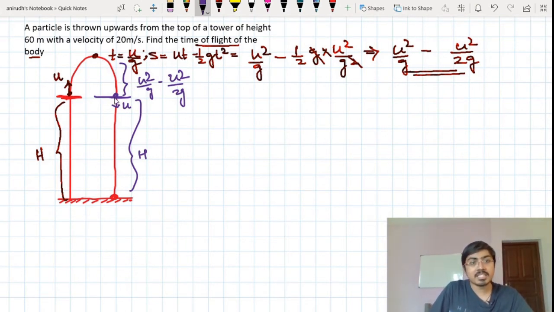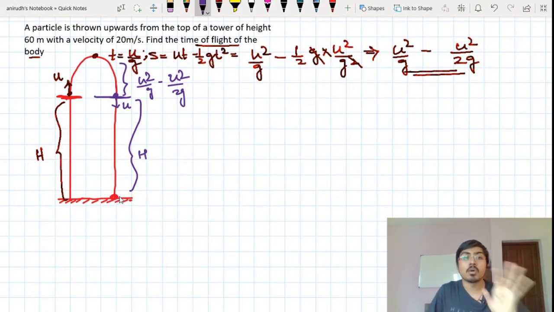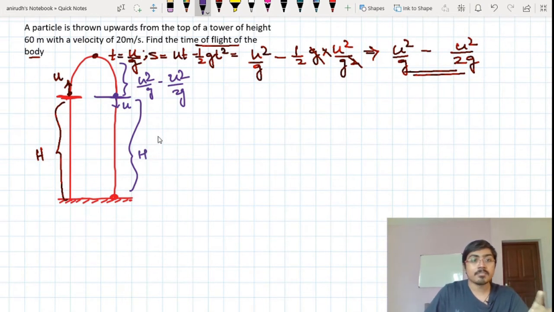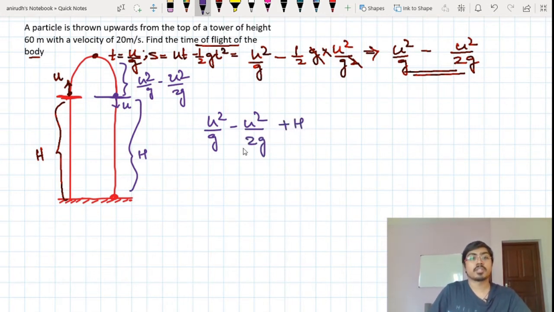So this much is the distance it has to cover so as to reach the same level as that of the tower. Then again it has to cover h meters to reach the ground. So the total distance covered by the body is u square by g minus u square upon 2g plus h to reach the ground. What is the velocity here?